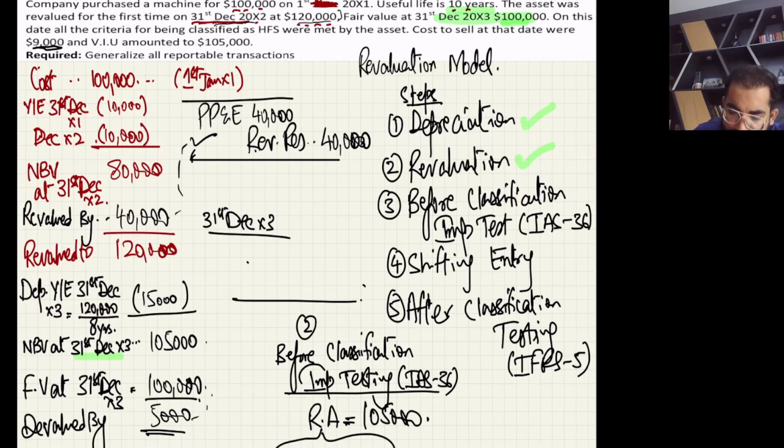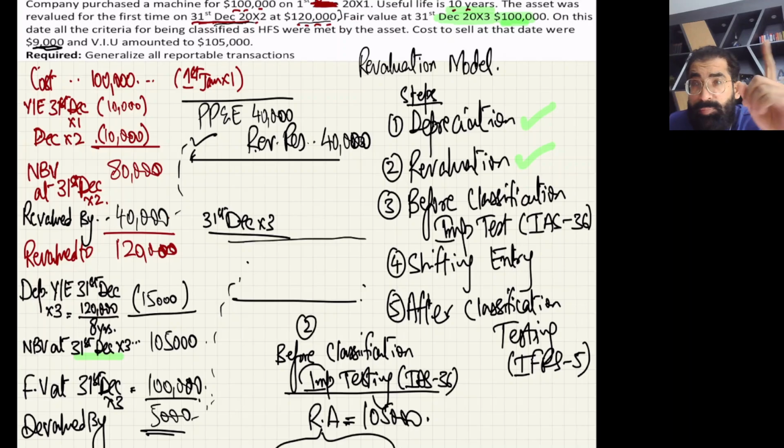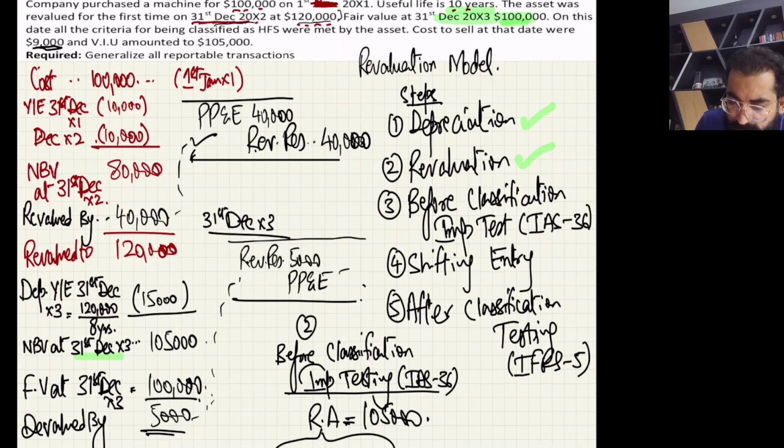Now use your common sense. The asset first went up by 40 and then it went down by 5. Whenever there is an upward revaluation and then a downward revaluation, first you need to cancel the reserve. So the entry will be revaluation reserve debit 5,000 and property, plant and equipment credit 5,000.